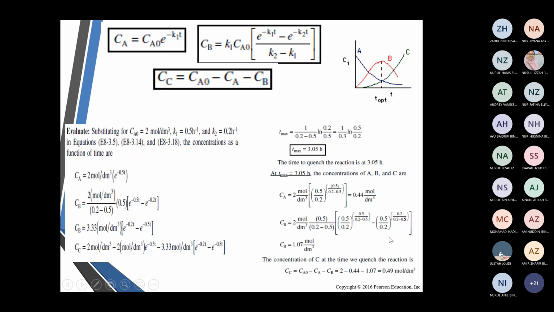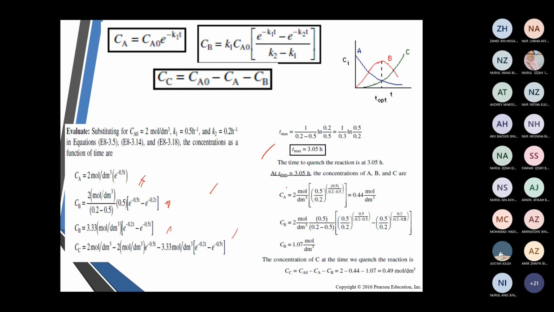Okay, so daripada situ you kena calculate pula what is the yield. Okay, so daripada sini kita boleh masukkanlah value untuk CA, CA0 dengan CB ni. Okay, so this is the in term of ni kalau you simplify. Okay, so this would be the value.